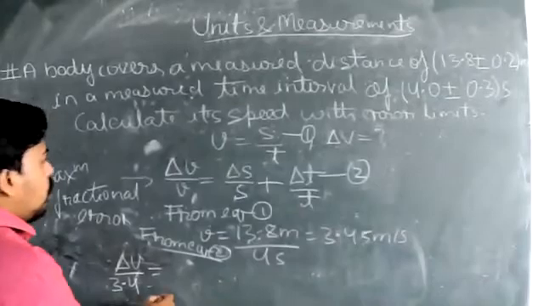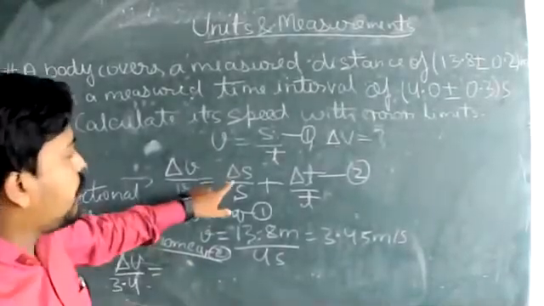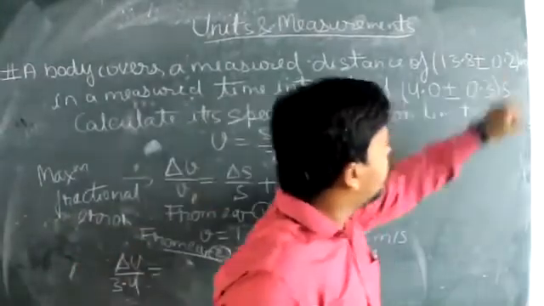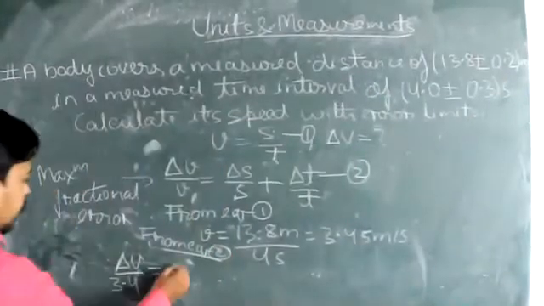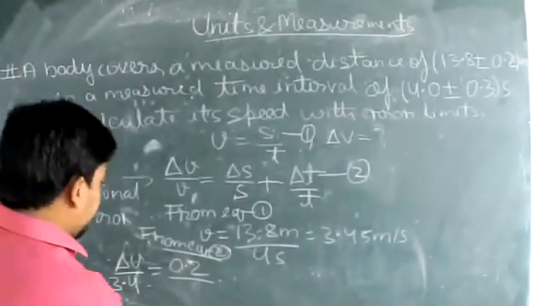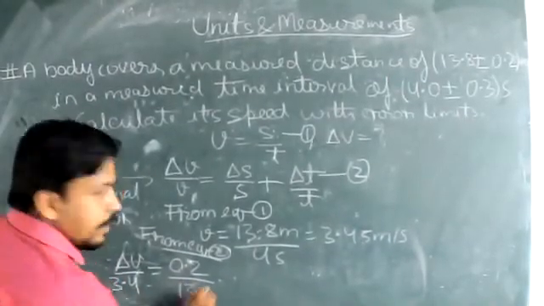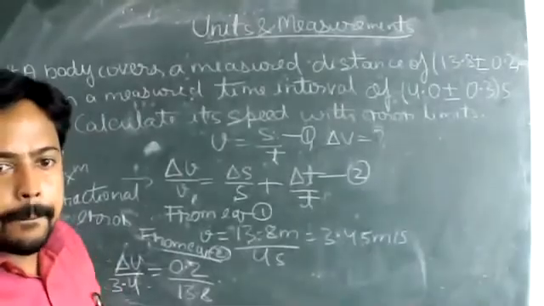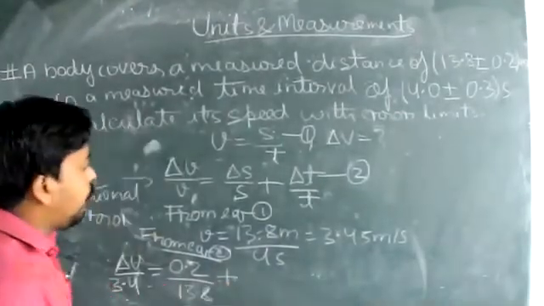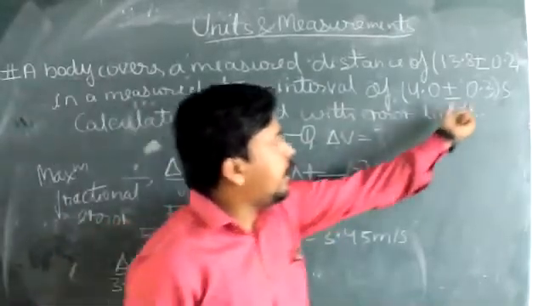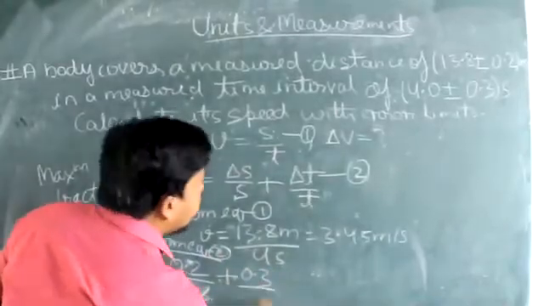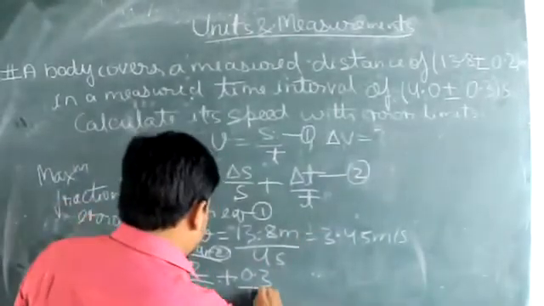So what is the value of the change in distance here? It is equal to 0.2. That is the error corresponding to distance. And what is the actual value? It is 30.3. And plus what we need to do, delta t. What is delta t? Delta t is 0.3, and 0.3 divided by 4.